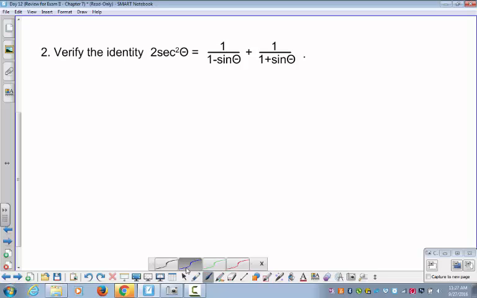The typical advice is to start with the more complicated side. So which side do you start with?